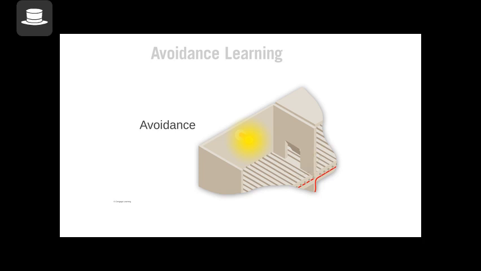So if you think of escape learning as learning to escape, which happens after the fact, avoidance learning is learning to avoid the aversive stimulus before the event. An example of avoidance learning is putting sunscreen on before you go out into the sun to prevent getting a bad sunburn in the first place.